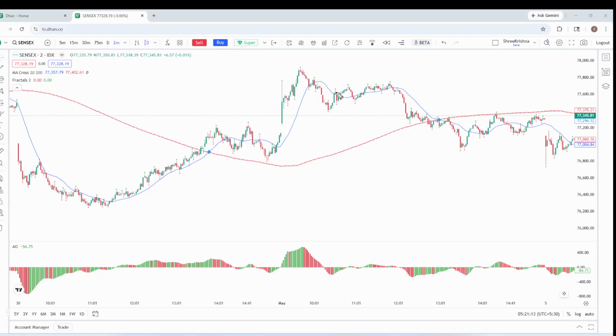Okay. Now it makes A, B and C, and the first break of the fractal is your sell setup, and relatively this is your stop, and the first target is 200. When this was breaking, 200 was somewhere here, but you need to keep 1:1 or 1:1.5.